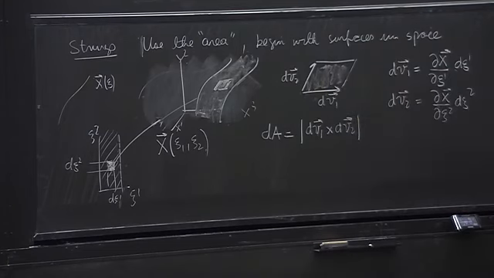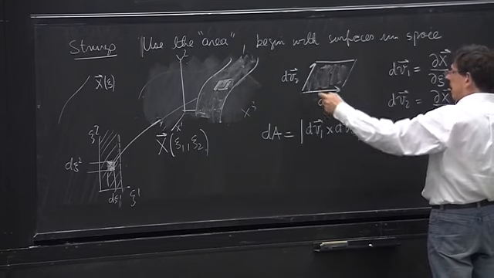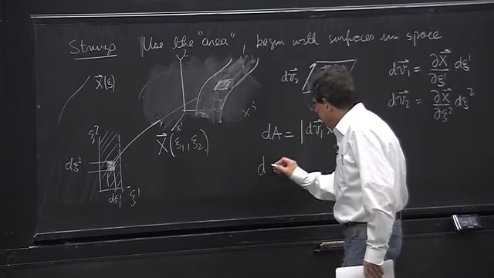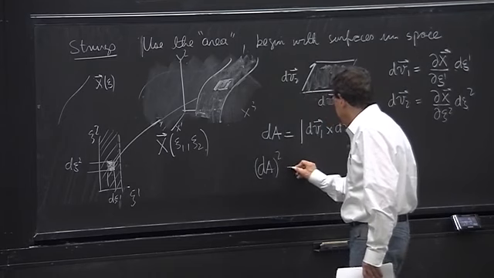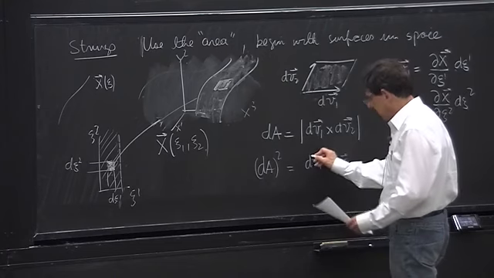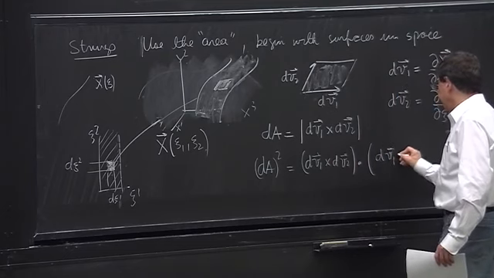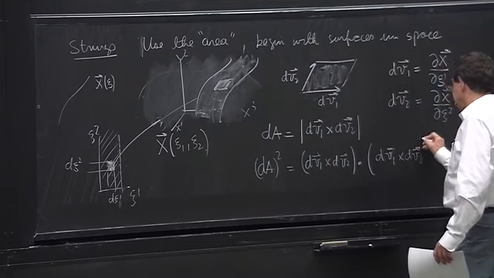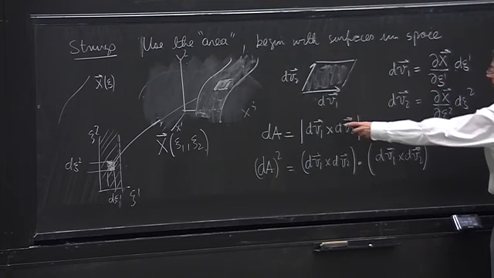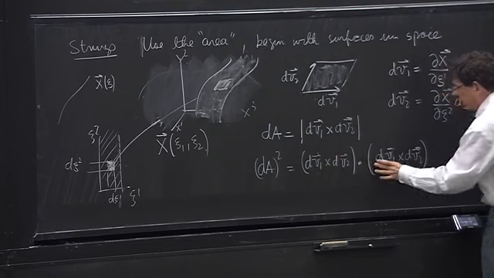That's a formula that you probably know, that for a little parallelogram, the cross product gives you the area of it, and the magnitude is this. So better to write the area squared as dv1 cross dv2 dotted with dv1 cross dv2. So the square is that you have the norm here, but to just get the norm in an easy way, we'll just square and do this.